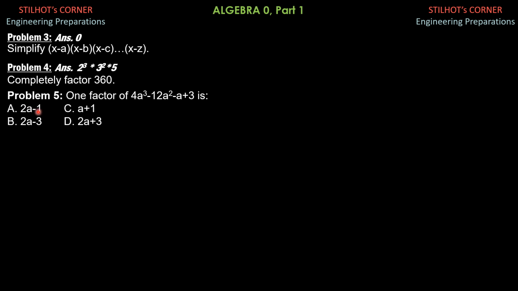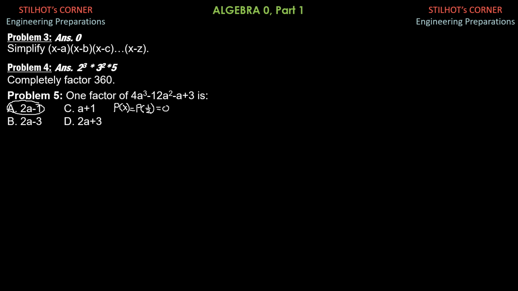You just press calculate and put 0.5, and since the function value, f of x or p of 1/2, replacing a by x, is equal to 0, that means 2a minus 1 is a factor. All the rest will not give us 0.